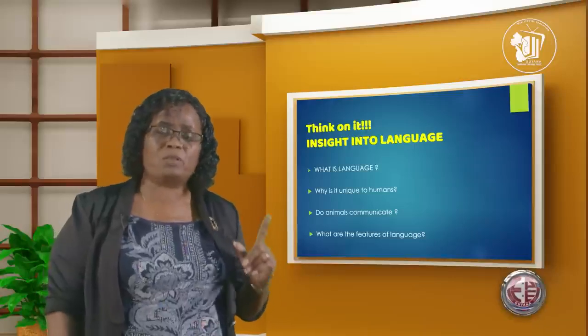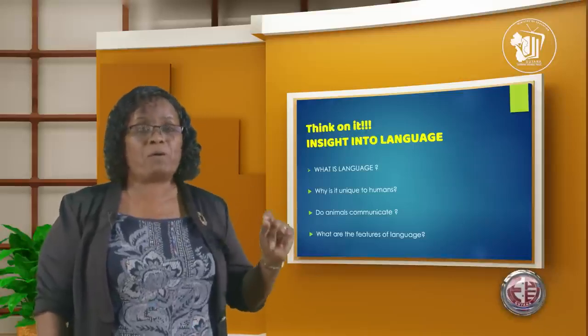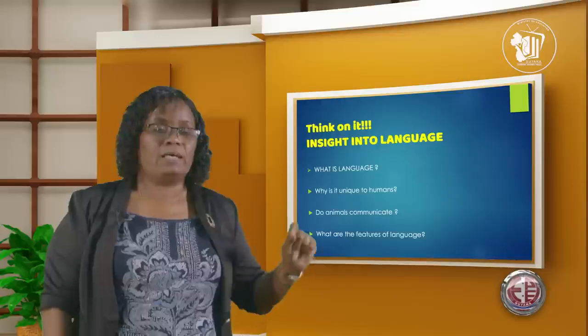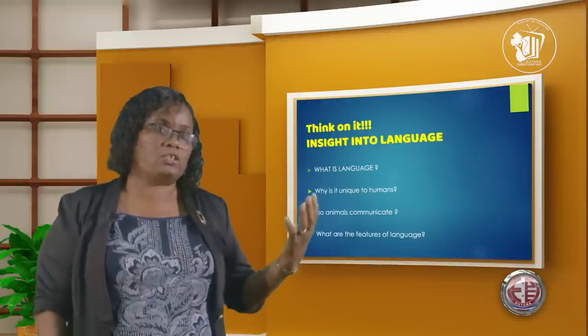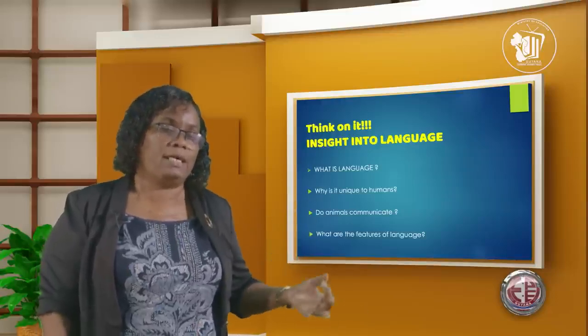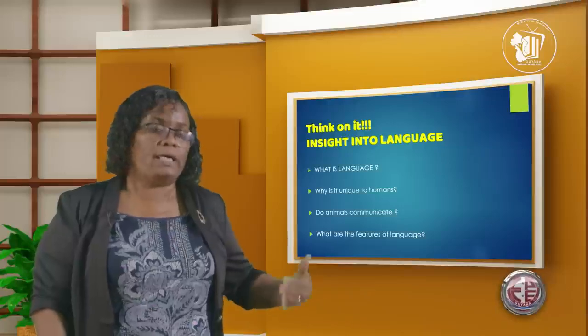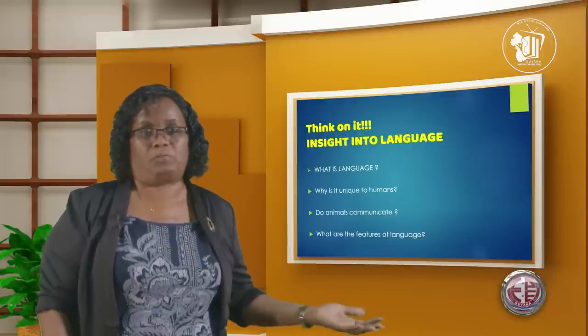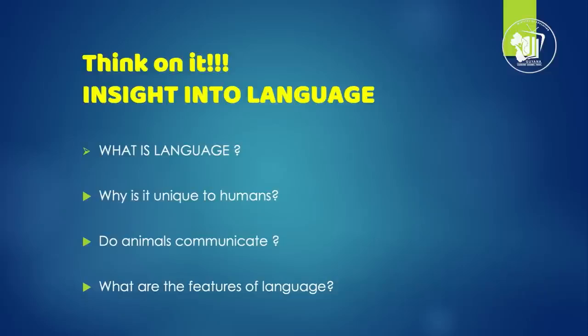Now, that's an important question because if you remember what I said in the objective, the knowledge that you gain from linguistics is going to inform you in the language arts classroom, or language arts on the whole. So it tells me, and it should tell you, that to understand linguistics, we have to understand language. And these are the areas that we're looking at when it comes to understanding language.